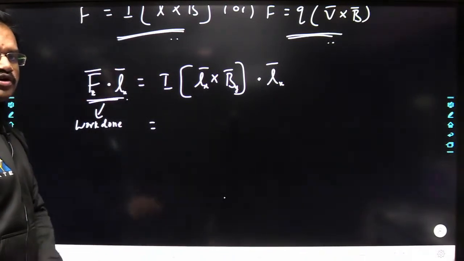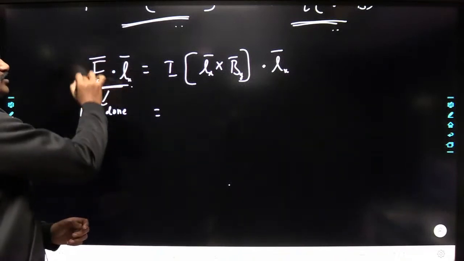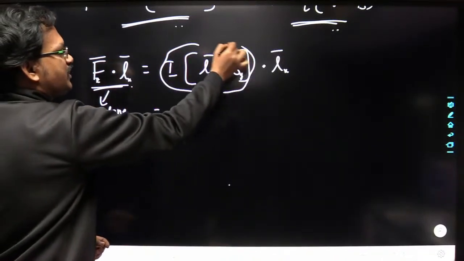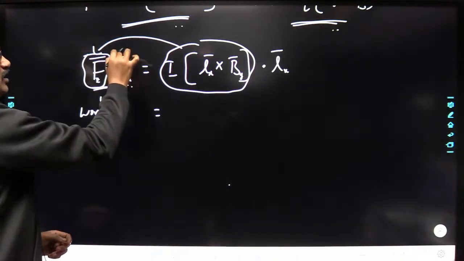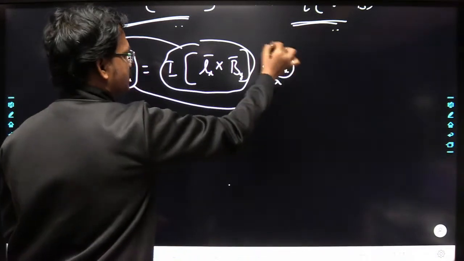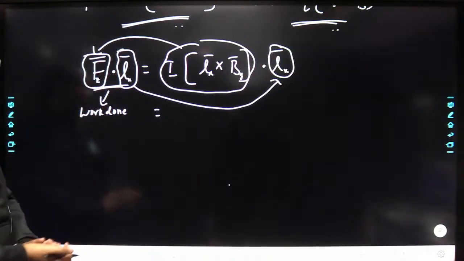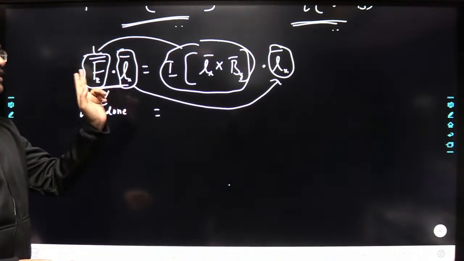If you do this, what are you going to get? The force direction is given by this term, and it is in the z direction, while this L bar, the displacement, is in the x direction. So if you do force dot displacement, the force is in az cap direction and the displacement is in the x direction.